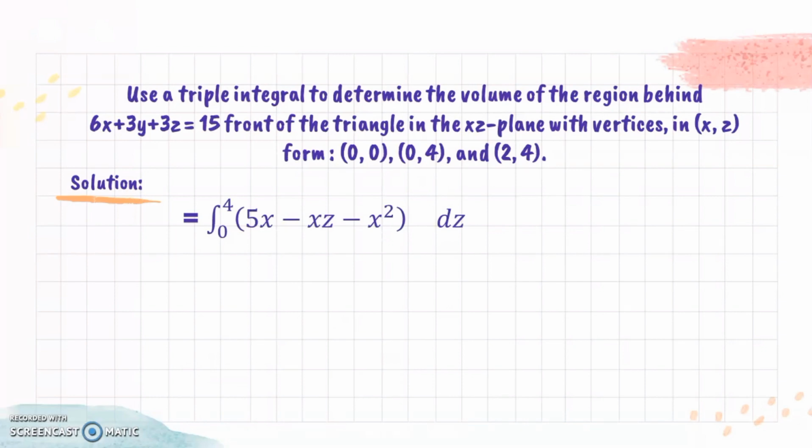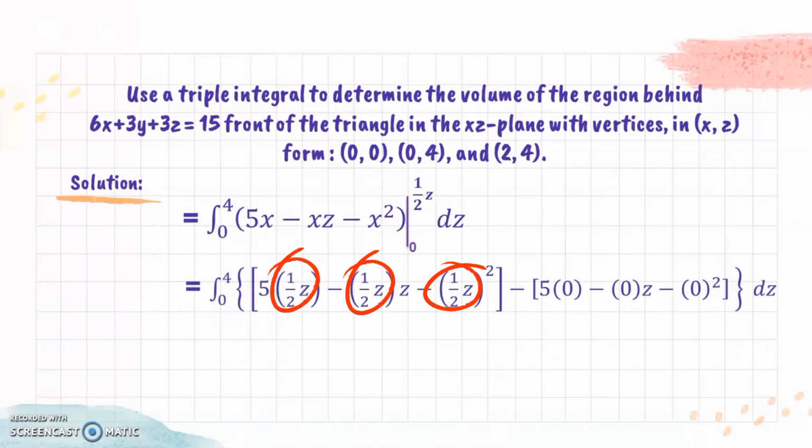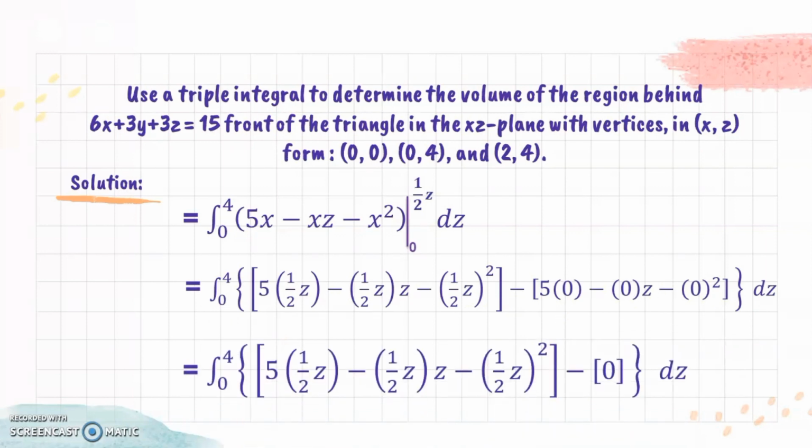Again, let's evaluate this from 0 to 1/2 z. So let's replace all x with 1/2 z, and after the minus sign, replace all x with 0. However, since evaluating the lower limit will just give us 0, we will just focus on simplifying the upper limit.